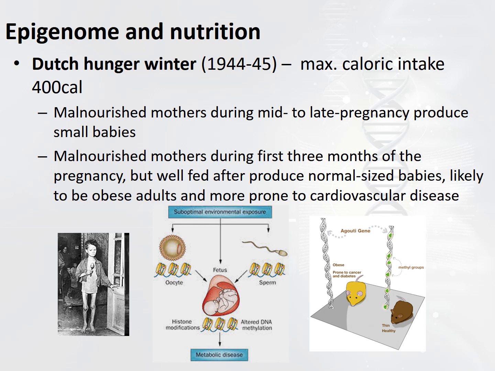However, it depends on the age of the pregnancy at the time of the famine. Women that were exposed to the famine during late gestation, so in the third trimester, had babies that were significantly smaller than normal.